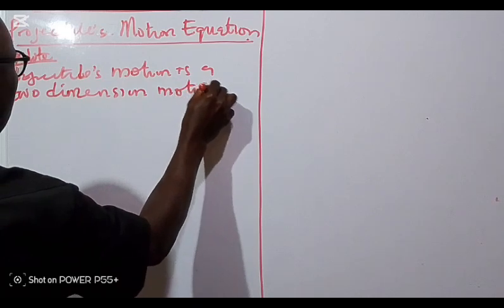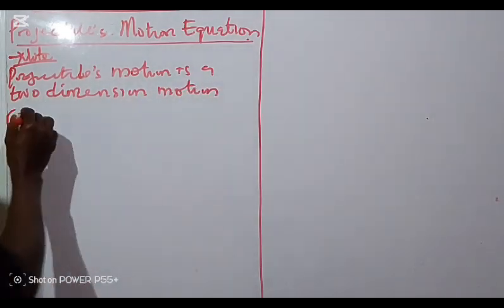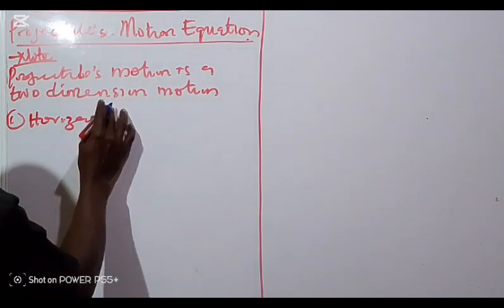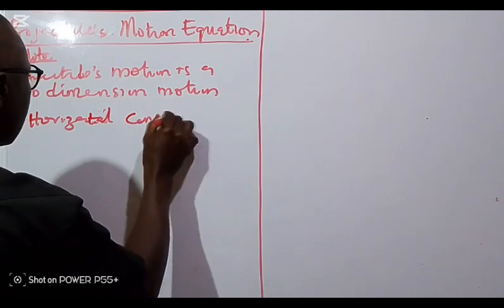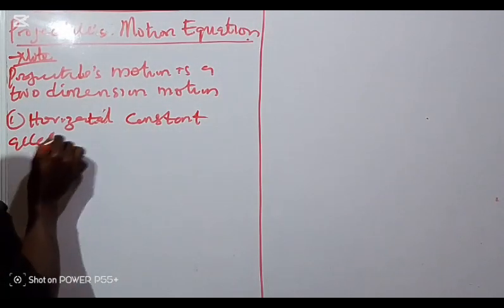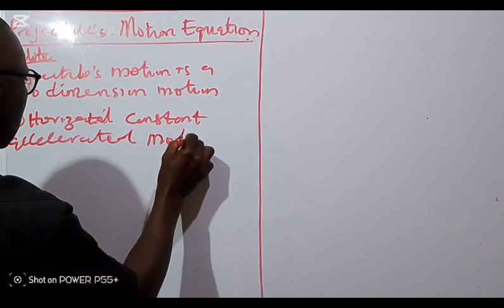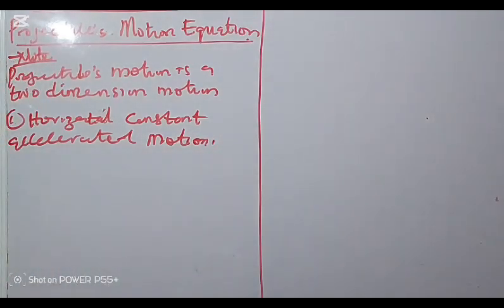One, we have horizontal constant accelerated motion. In this case, the motion of a projectile horizontally is usually constant.